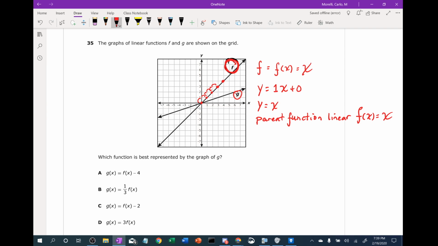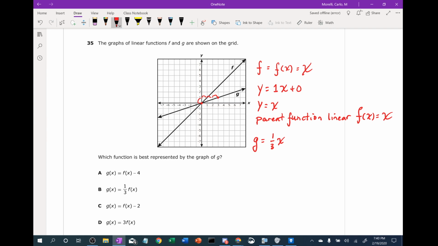All right, so let's take a look at g now. We're going to focus our attention on g. g also has a y-intercept of 0, but its slope is up 1 over 1, 2, 3. So if you were writing g, g equals 1/3 x.